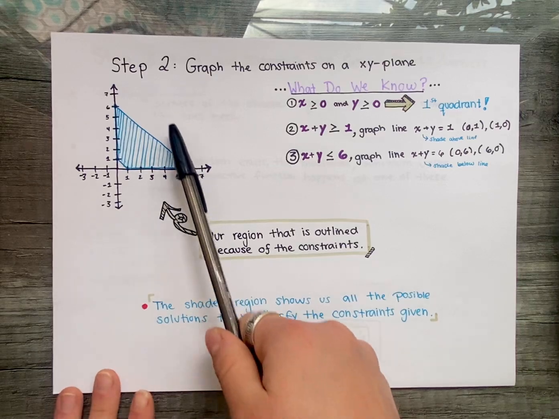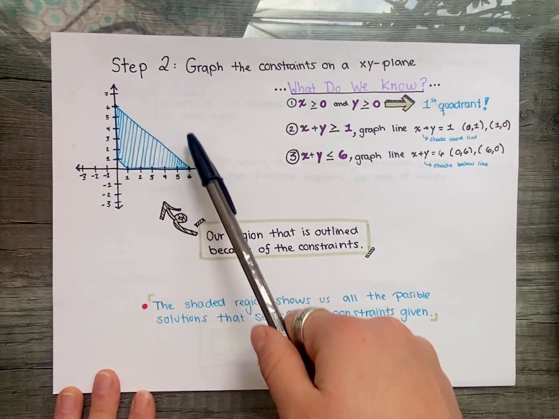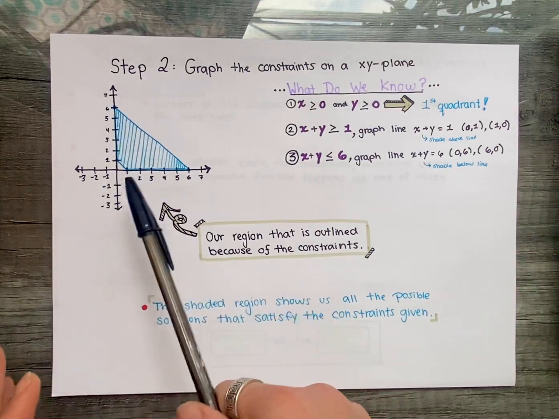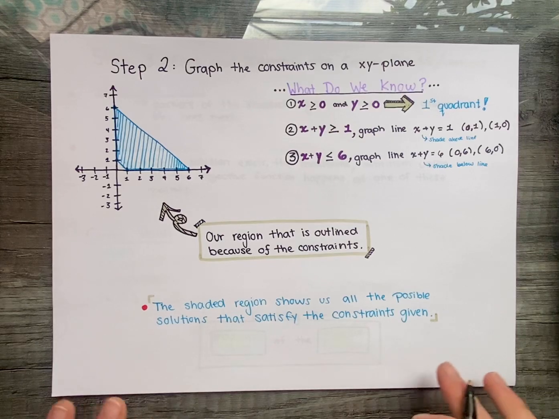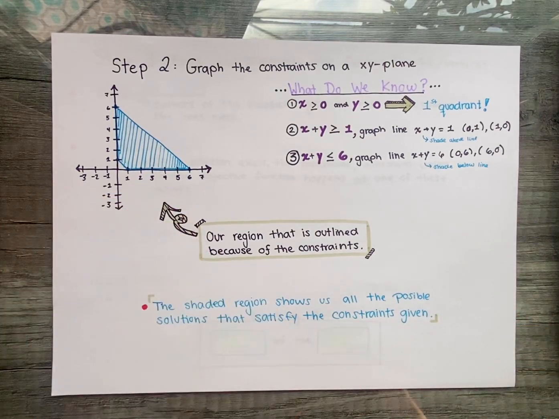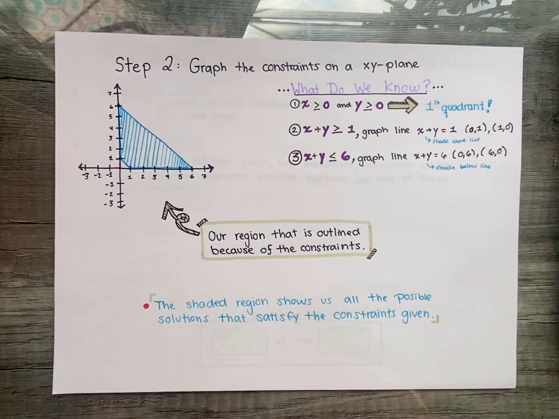Here in the left corner, you can see I drew a graph, and I will go over what I did here so we can understand how exactly we graph the constraints on an XY plane. First things first, what do we know?